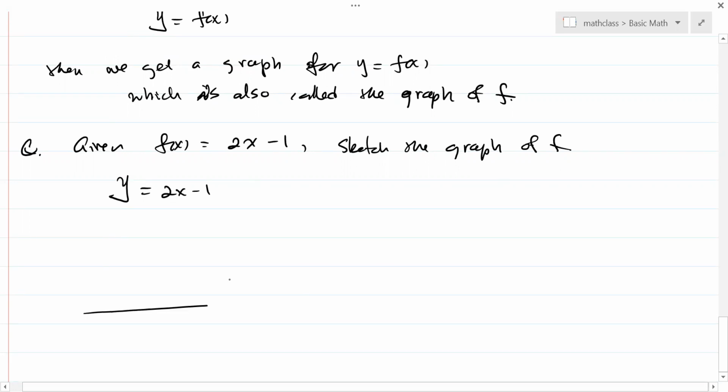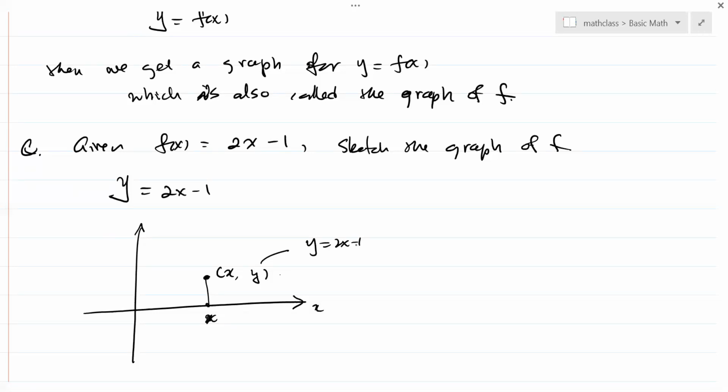A graph means you have an xy axis, right? Given a value of x, you get the first coordinate, but the second coordinate is related to the first coordinate by this equation. So when x changes, the y variable changes too, but it depends on the first variable.